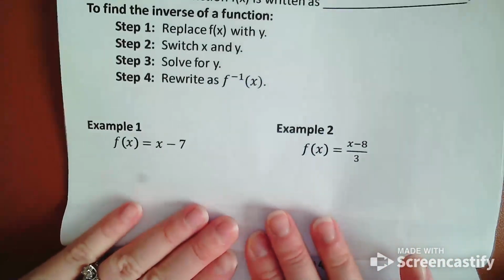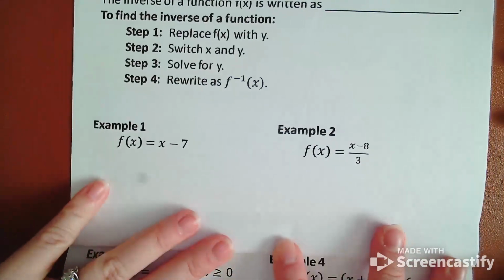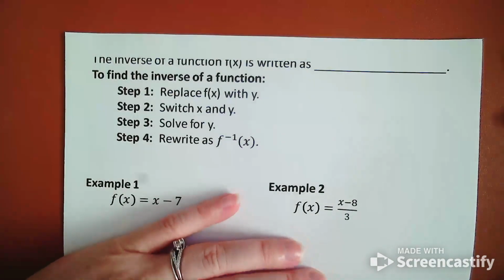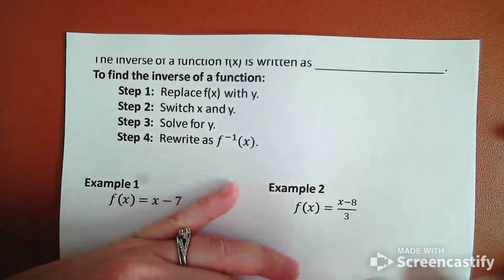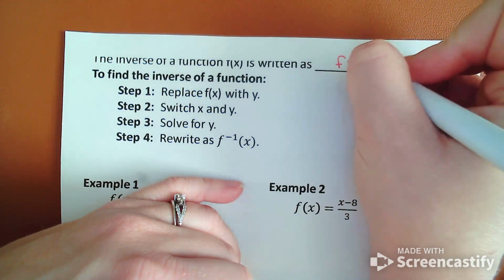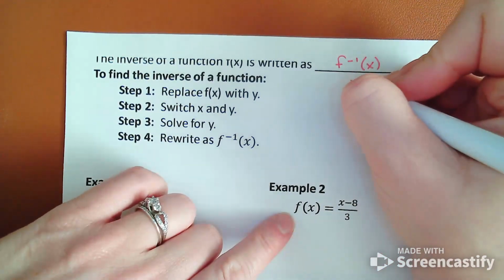Now, really important, I've already kind of hinted at it, but the inverse of a function is always written as f inverse of x. And how do we read that?